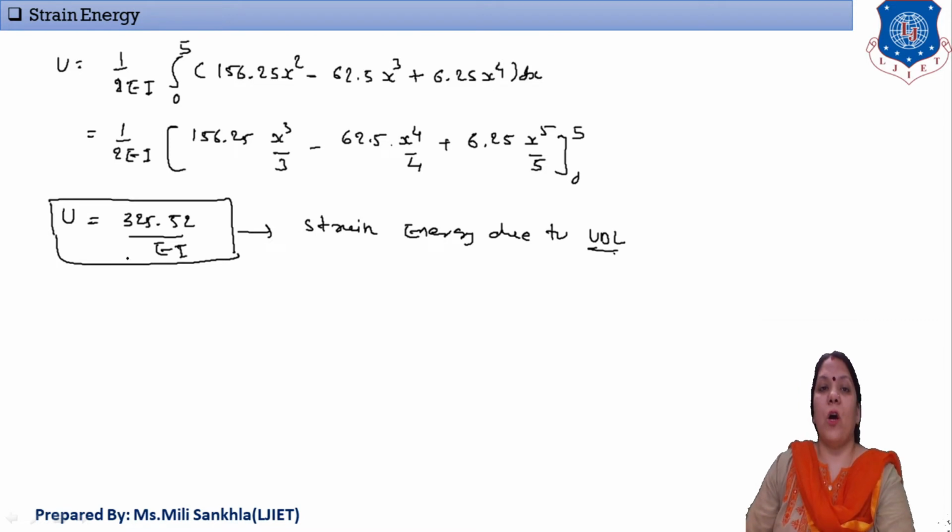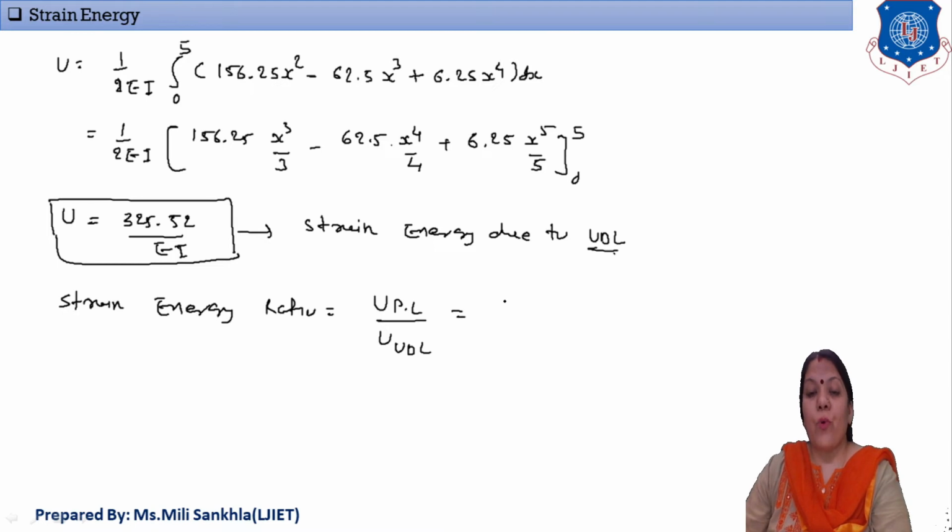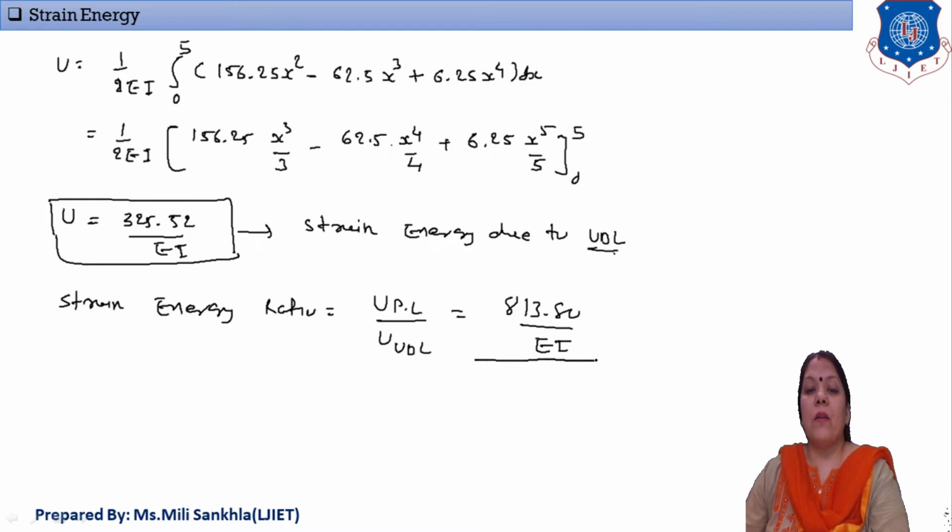Now we compare, take a ratio, so write down the strain energy ratio, and this ratio is equal to the strain energy of point load to the strain energy of UDL. The strain energy of point load is 81380 divided by EI, and the strain energy due to UDL is 325.52 by EI.